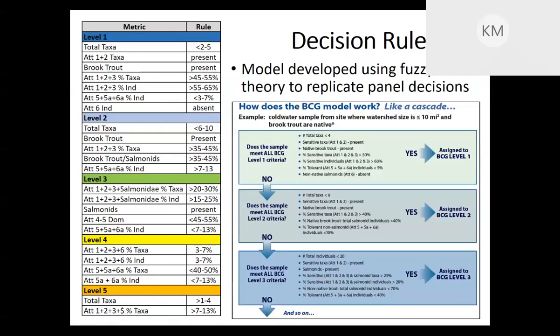And this matches what we see when we go through these exercises, in that panelists will say, well, that's a level 3, but it's not a great 3. It's moving toward a 4. So even though we're binning these things, there's a gradient within these levels, and the fuzzy set model will actually pick some of that out, recognize that there is a little bit of fuzziness around some of these decisions.